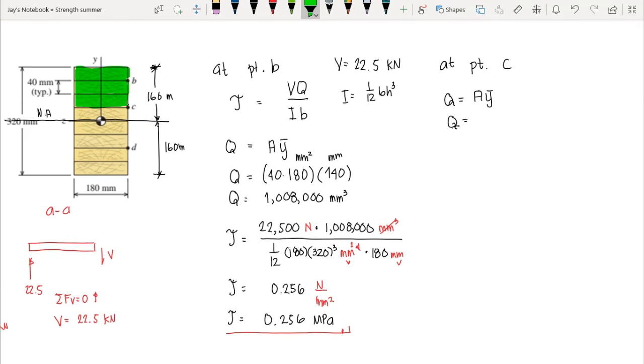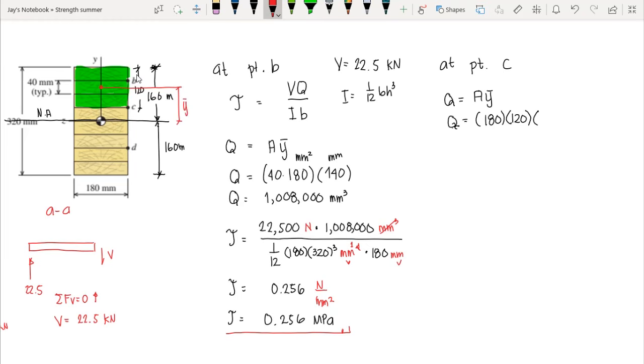So our area is equal to 180 times, since this is 40 plus 40 and then 40, we have 3 wood, that is 40 by 180 mm. So therefore we have 120. So the total is 120. This is the area, times the barred Y here, that is the centroid of this area to our neutral axis.